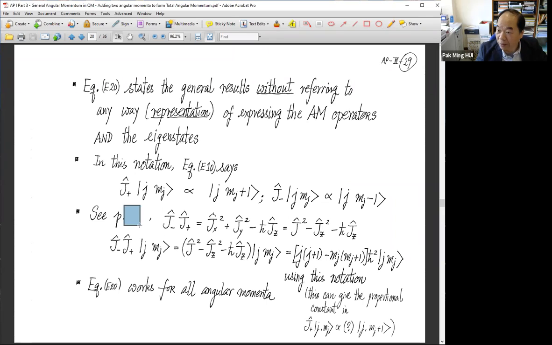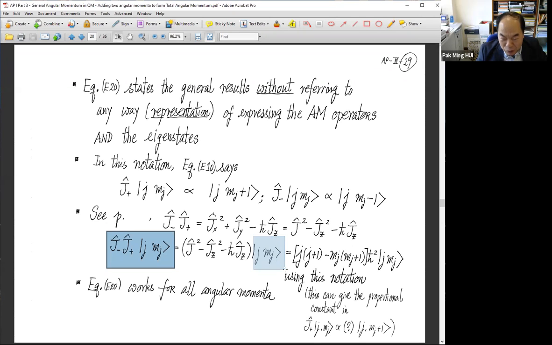I lost a page number because I numbered the page after I wrote it. Sorry, I will fill it in. But I copied the formula here. We have something like that, and using that, we can actually work out these proportionality constants. For example, if you first increase mj by 1, then decrease mj by 1 again, of course, you will take it back to this state.